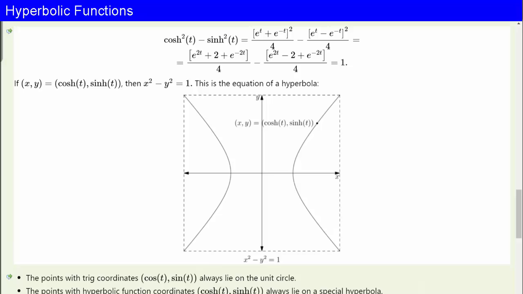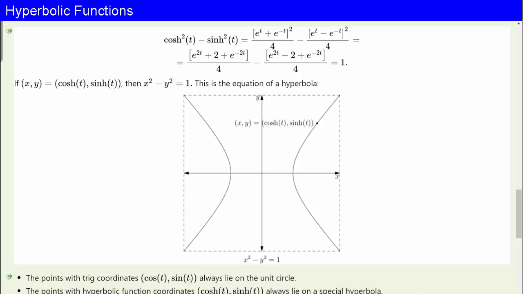So, for a given value of t, we locate the point in the Cartesian plane that has coordinates (x, y) equals (cosh t, sinh t). And then x squared minus y squared is 1, but this is just the equation of a hyperbola.